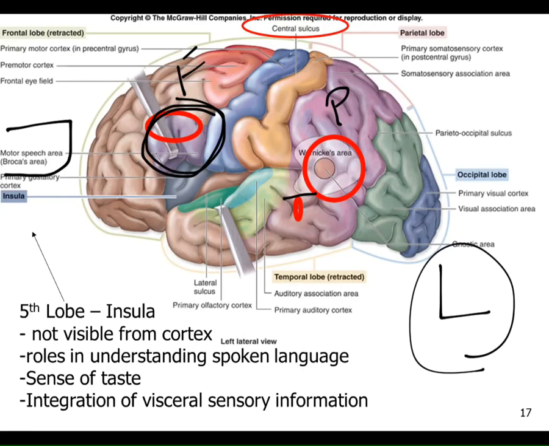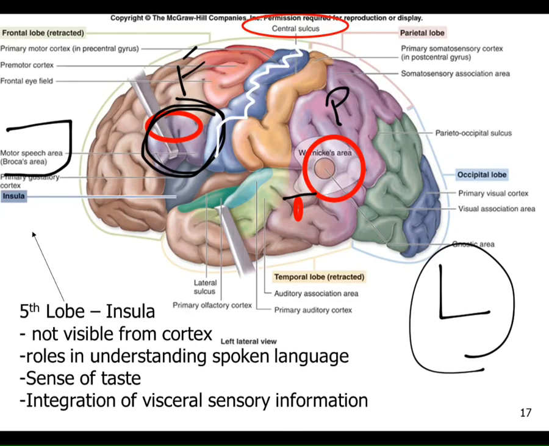Two other things that I want to point out on this brain are the blue and yellow stripes. So right here, this blue, now what do we call a noodle? This is the whole noodle, that would be a gyrus. And this is the last gyrus of the frontal lobe.